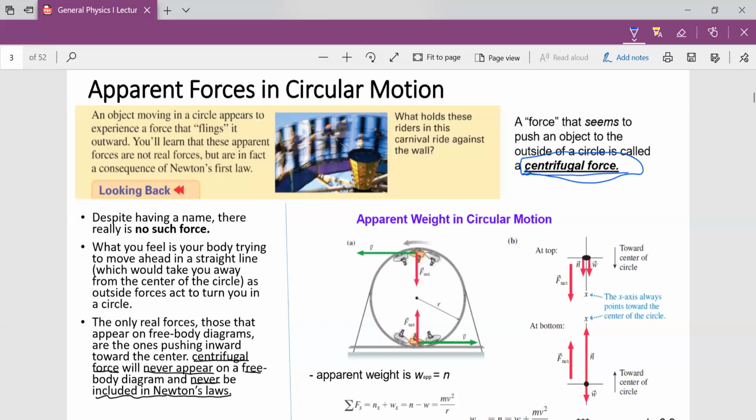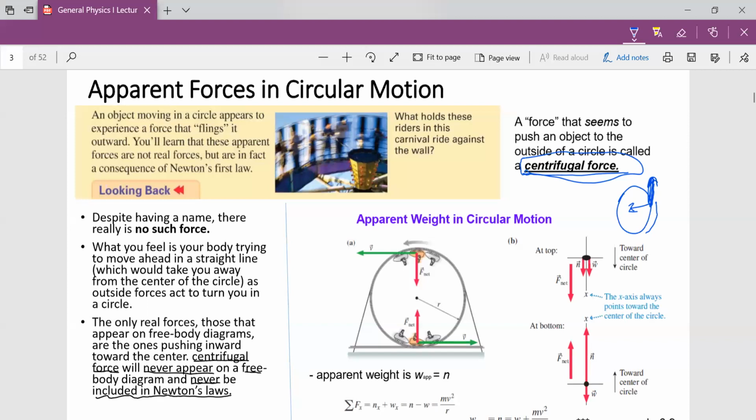What is actually happening to your body when you experience that? Let's say you're taking a curve. At this tangent, the velocity is going like this, and the acceleration is going like this. Your body is actually trying to keep a straight motion, moving in a straight line, but it's being forced to take that curve by a force.